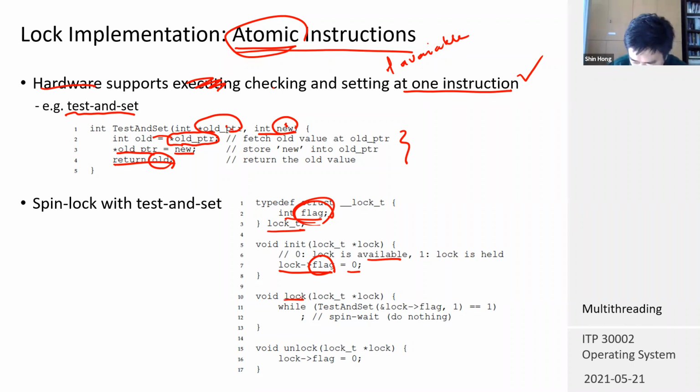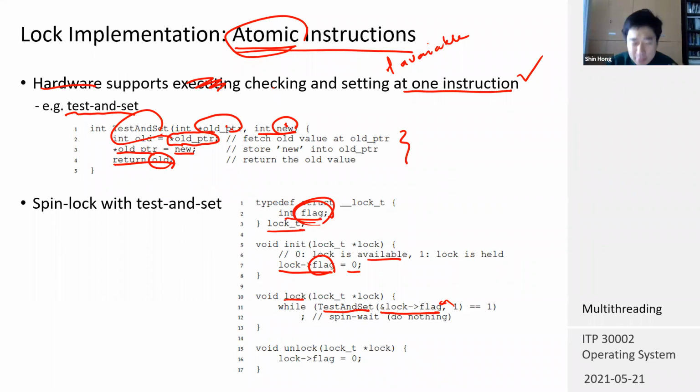And at lock, what it does is utilize this test and set instruction, which updates the lock flag into 1. If it is a lock operation, they want to acquire the lock if it is available, so they want to write the flag as 1.